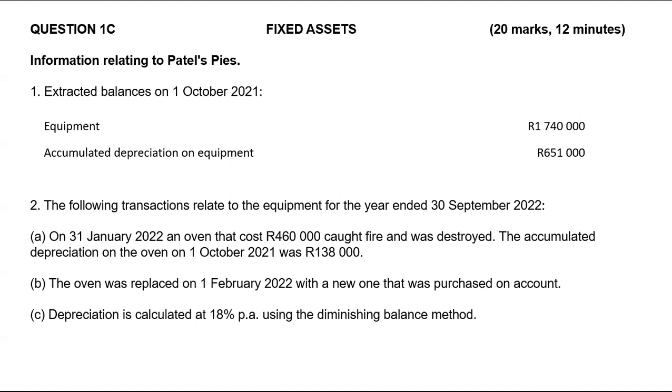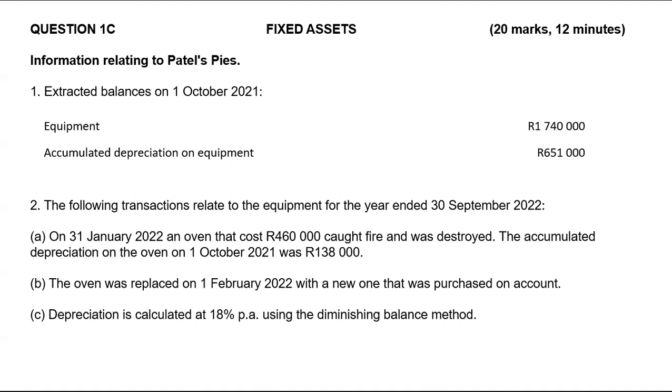We might have furniture, desks, desktops, laptops, all of those. When you depreciate all of them, the accumulated depreciation at the beginning of the year will be that 651,000. That 651,000 represents the added depreciation of all the equipment we've got from when they were purchased up to when we stop using them.